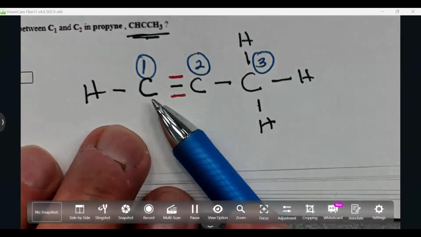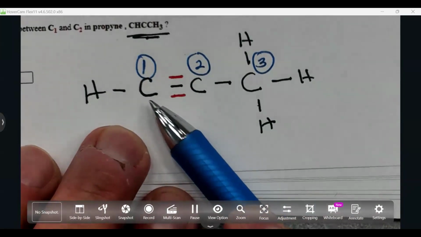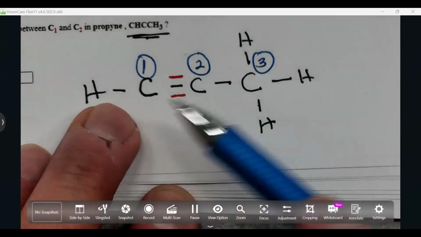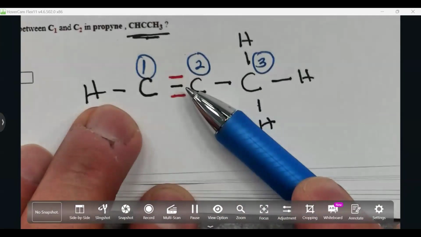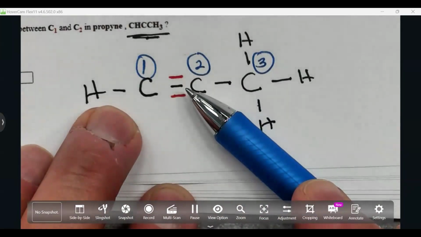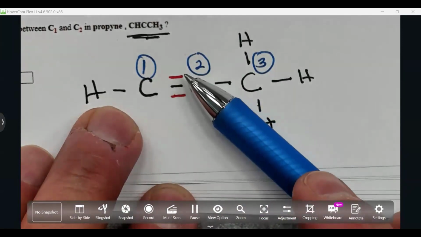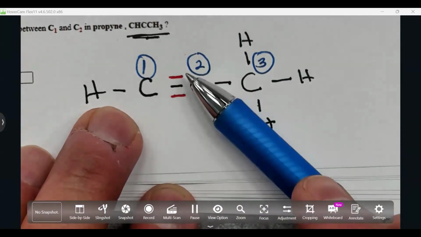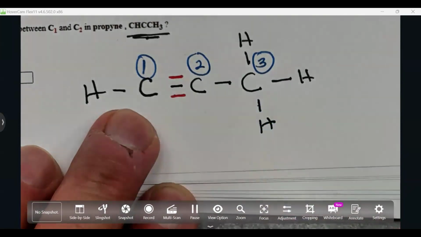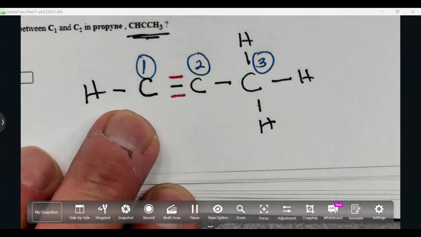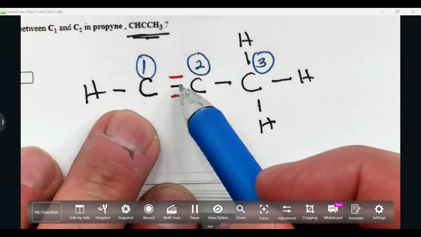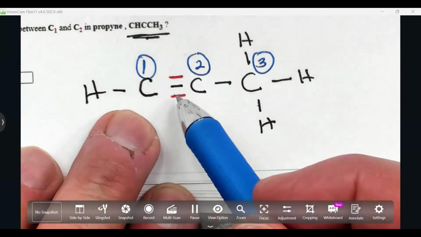How many sigma bonds here for carbon 1? 1 on the left, 1 on the right, correct? So it has 2 sigma bonds. How many pi bonds does carbon 1 have? 2, right? Because carbon 1 is making a triple bond. In a triple bond, 1 of them is sigma, 2 of them are pi.